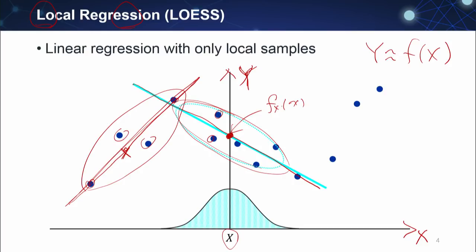So every single point like this point, or this, is going to use a different line, and the overall line becomes a totally smooth line that goes through the given data set. Again, this line is only applied to this point.